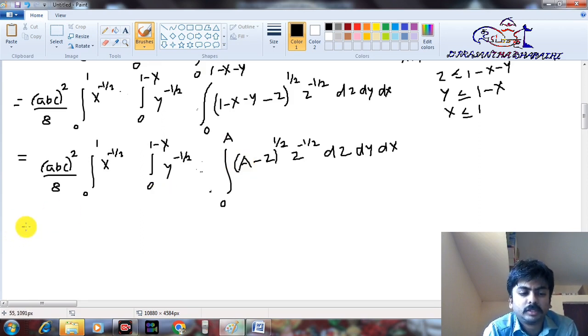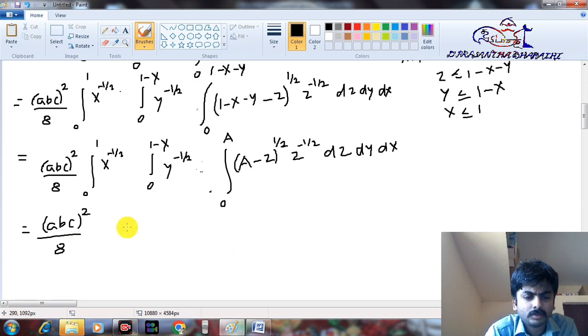So here I shall take abc the whole square divided by 8 into integral 0 to 1 x power minus 1 by 2, this is a constant, integral 0 to 1 minus x y power minus 1 by 2 dx.